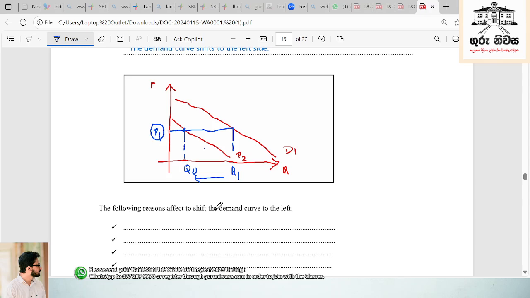Then you can start from the second one. Prices of substitutes and complements.